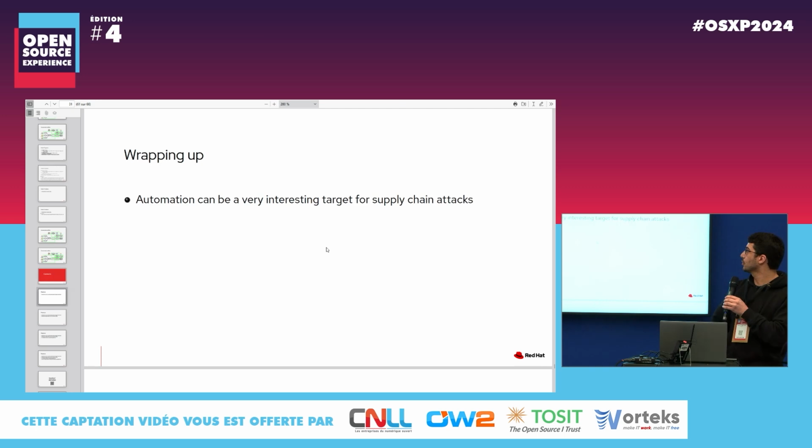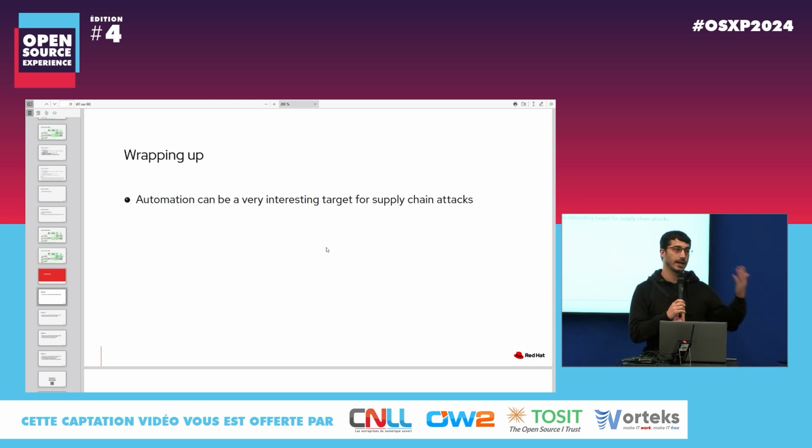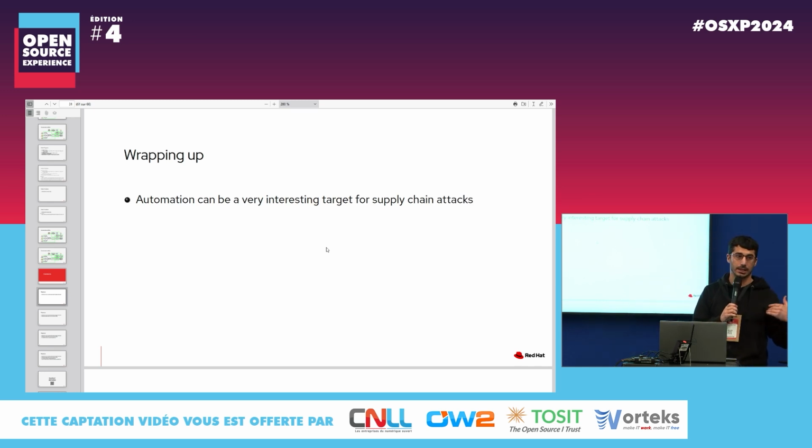Now, some conclusions on this. First of all, automation is a very interesting target for supply chain attacks because, as we mentioned at the very beginning, it gets run at a very high level of privilege, usually as root.